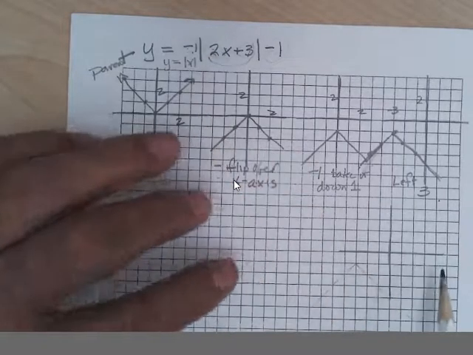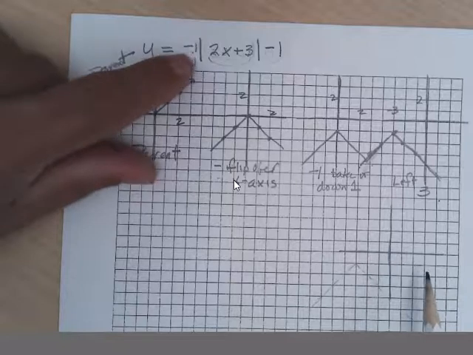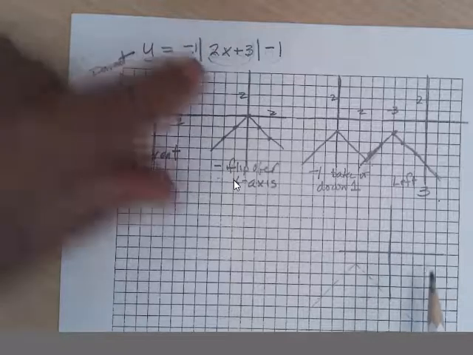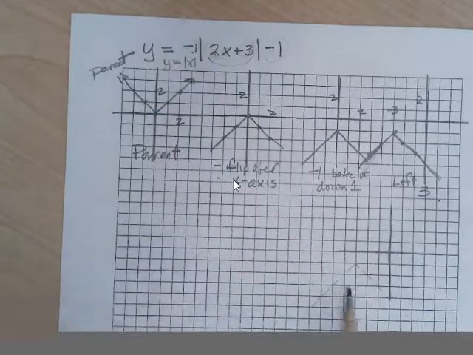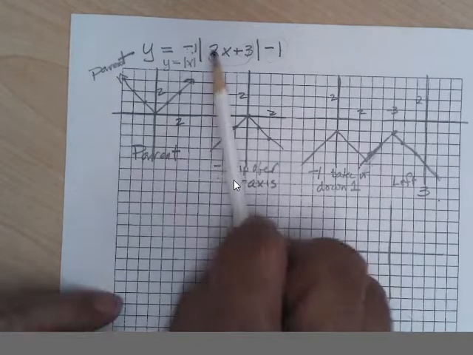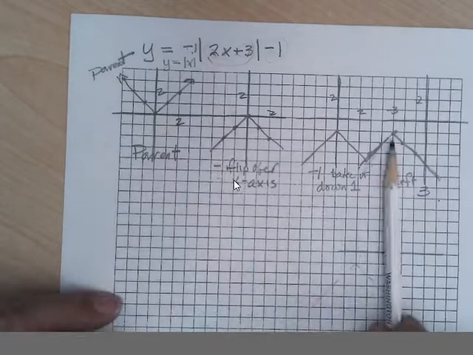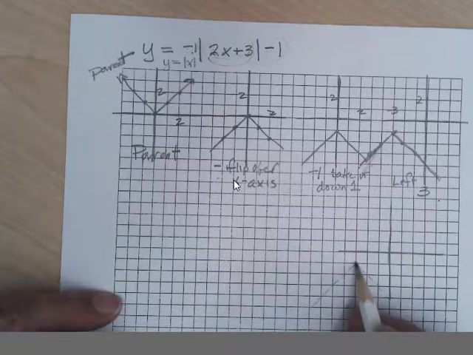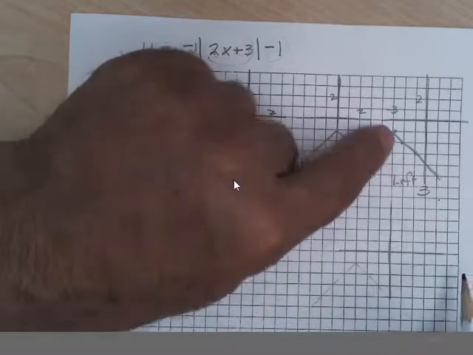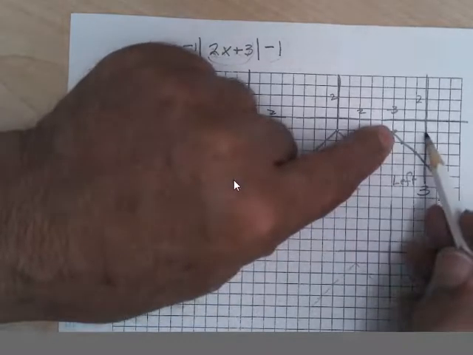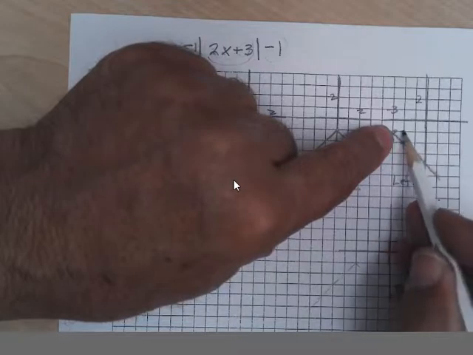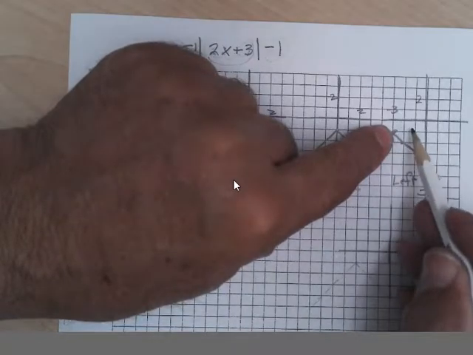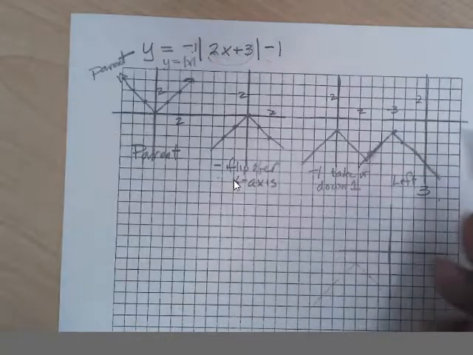Seems like that would make it twice as wide, but everything's backwards, so it makes it half as wide, but not half as wide by this. It takes it half as far from the y-axis. So how far is this point from the y-axis? It's 1, 2, 3, so half as far would be there.